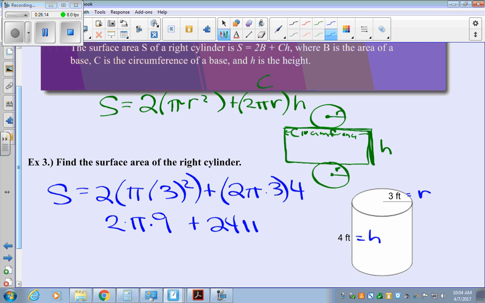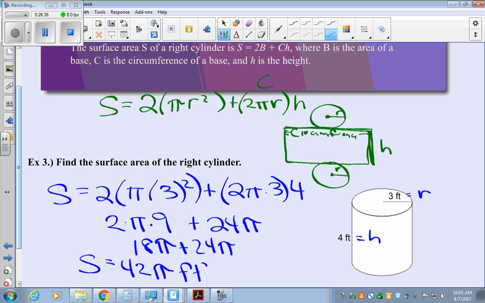I'm going to put the pi second. 2 times 9 is 18. 18 pi's plus 24 pi's. Since today we're having pi. Squared is 42 pi feet squared.